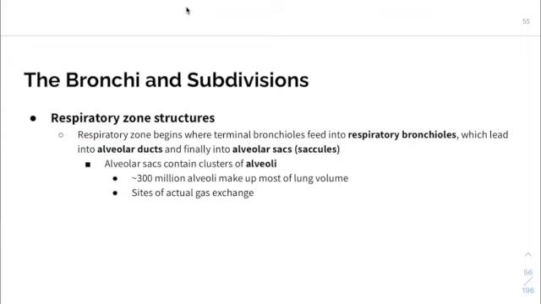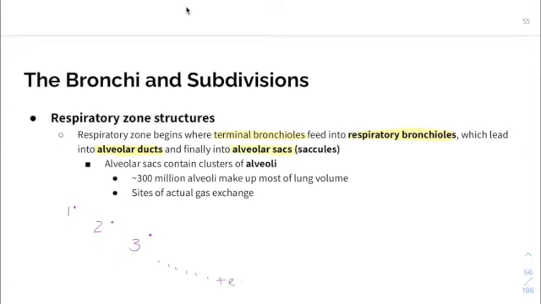So as we keep going down, we get to those terminal bronchioles. Those terminal bronchioles feed into respiratory bronchioles. Those respiratory bronchioles go into alveolar ducts, which will finally feed into alveolar sacs. So if you think about it, you have your primary, your secondary, your tertiary, and then we keep going.